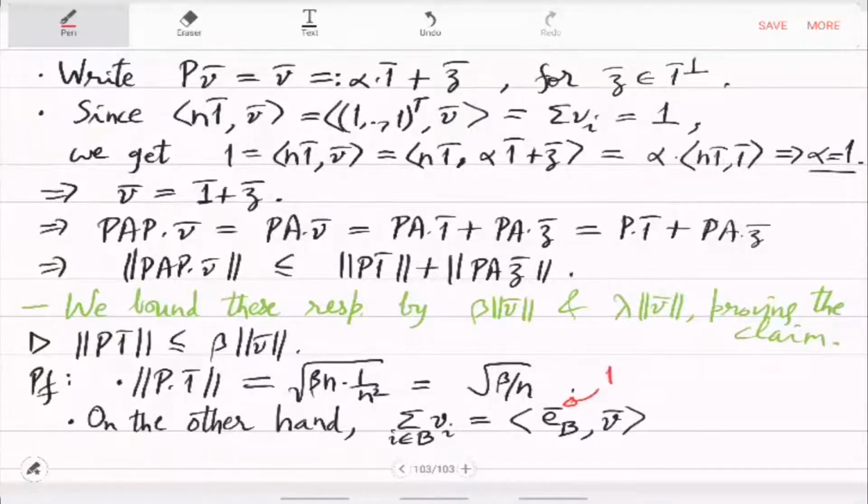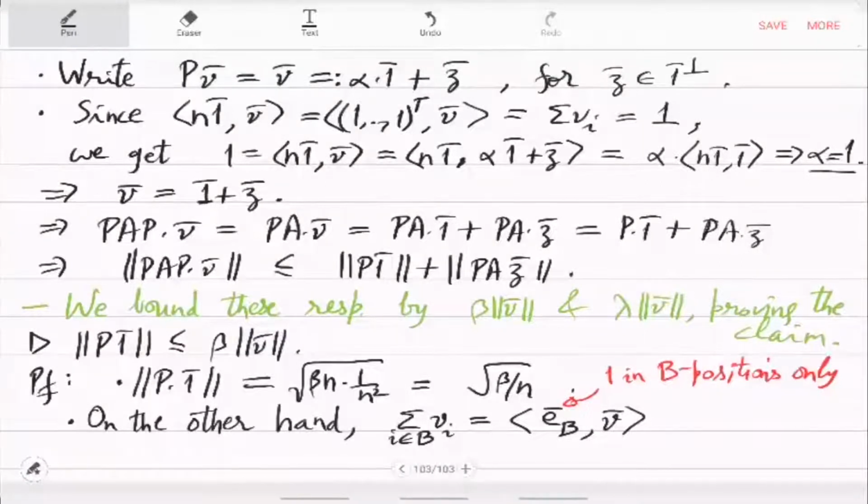So sigma Vi is the inner product of E bar B with V bar.